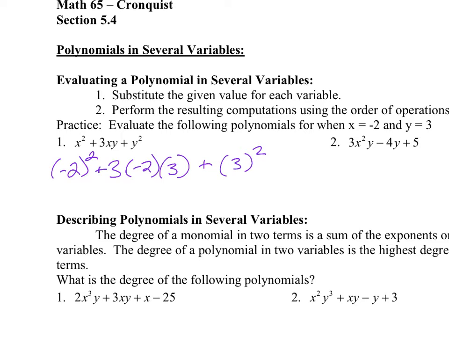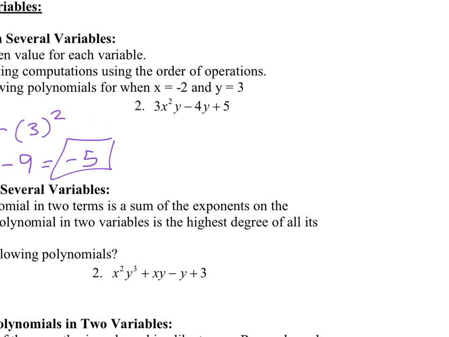Minus 2 squared is 4. 3 times 3 is 9, times negative 2 is a negative 18. And then plus 3 squared is 9. Immediately I see this as being 4 minus 9, because negative 18 plus 9 is negative 9. Now this becomes negative 5. That shouldn't be too terrible.